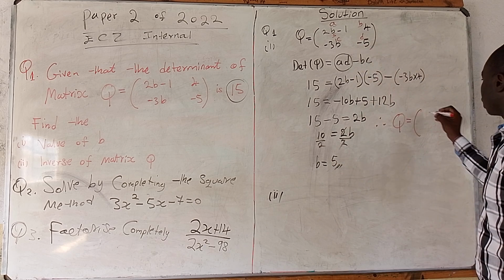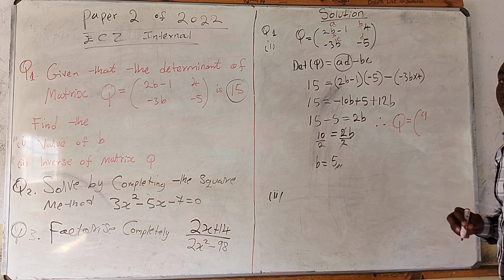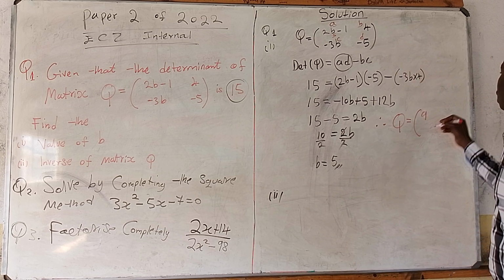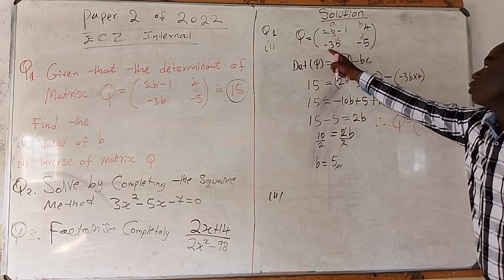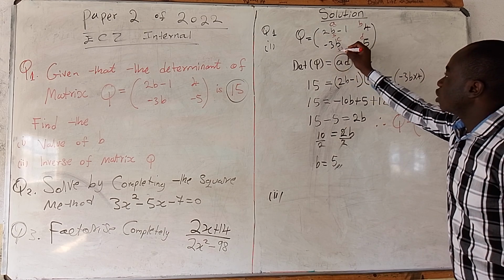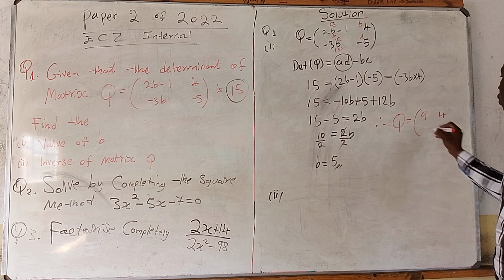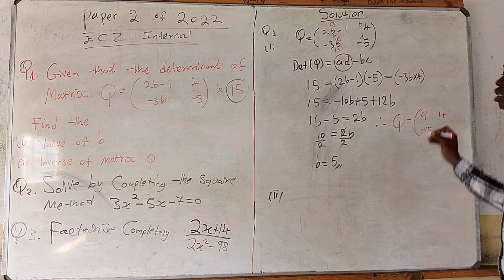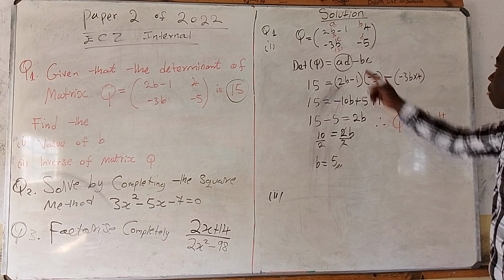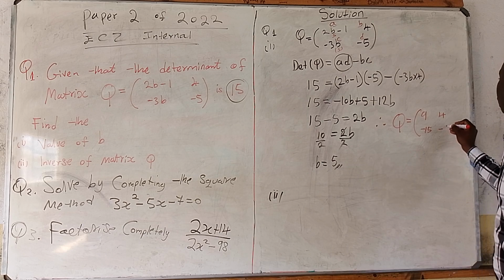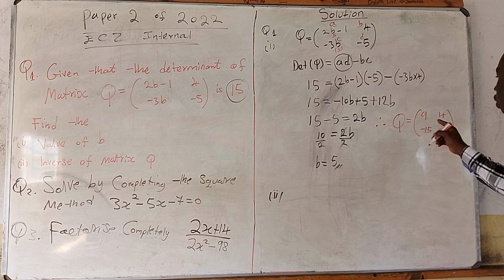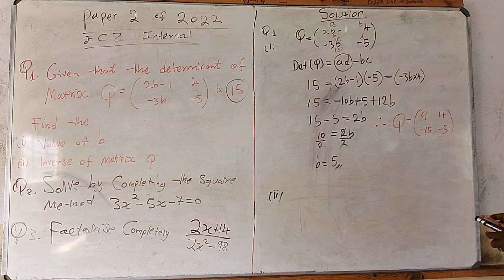Then 10 minus 1 will give you 9. Then here we have 4. Here we have negative 3 times b, and when you substitute b by 5 you have negative 15. And we have negative 5. So this is our matrix Q.